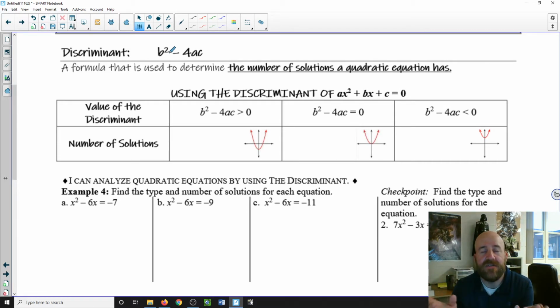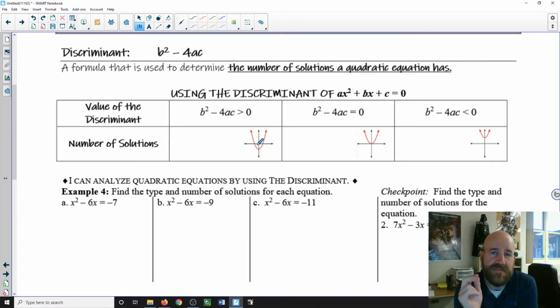So the discriminant tells you how many solutions the quadratic is going to have. So if we look here at this little chart, if it's a positive value, it's above 0, that means I'm going to have 2 x-intercepts. And it makes sense because I can take a square root of a positive number and I get a positive and a negative version. So that's 2 answers.